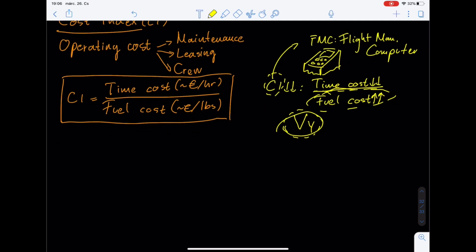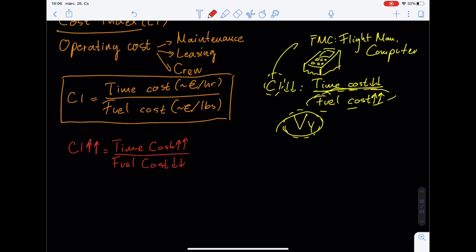If the cost index, however, is high, that means that relatively speaking, the time costs are high and the fuel costs are relatively low. So fuel cost is relatively low.